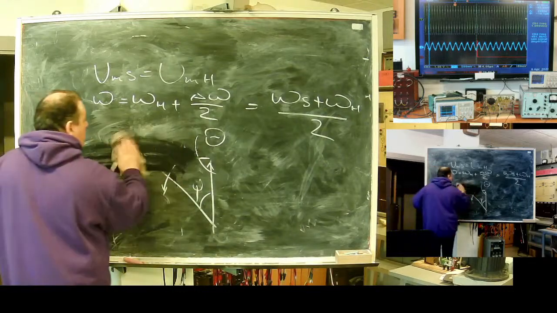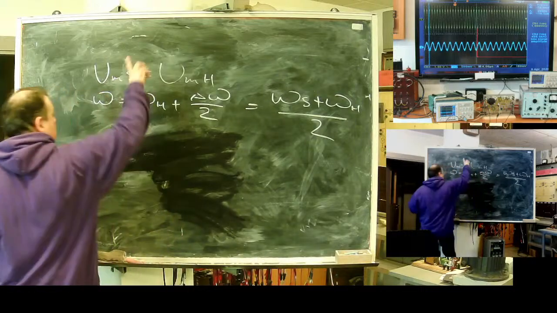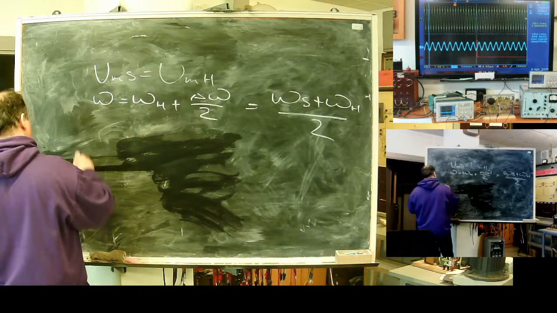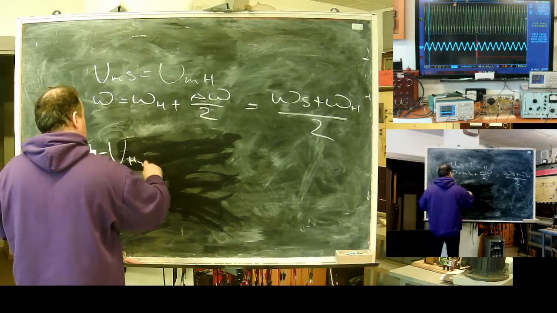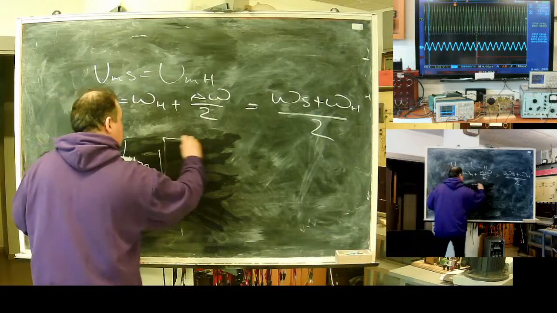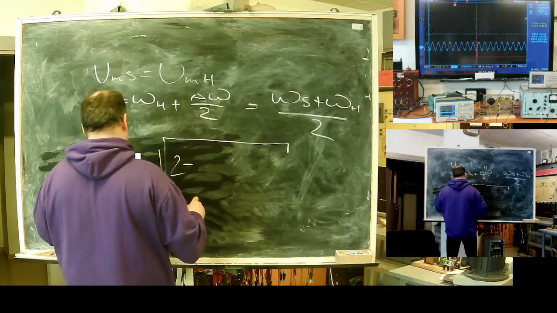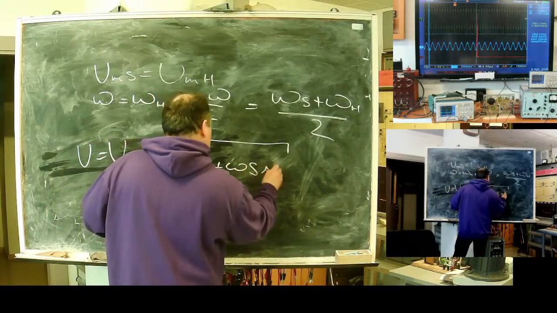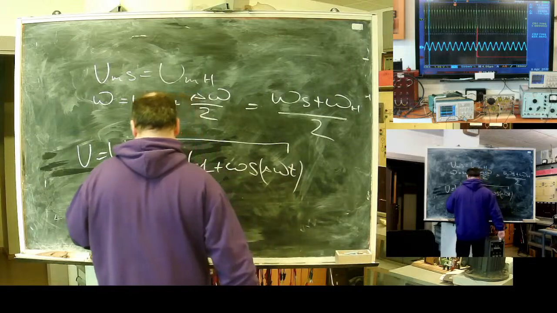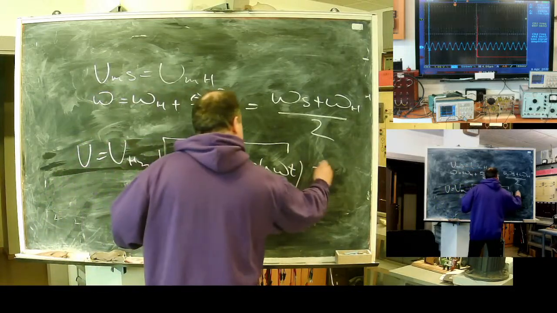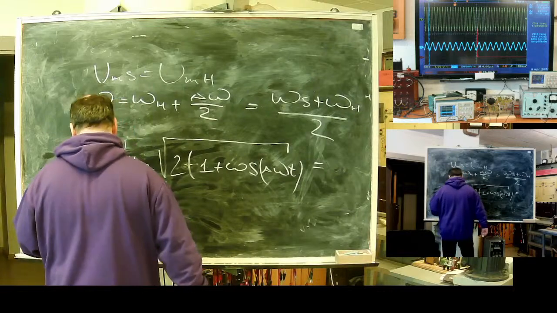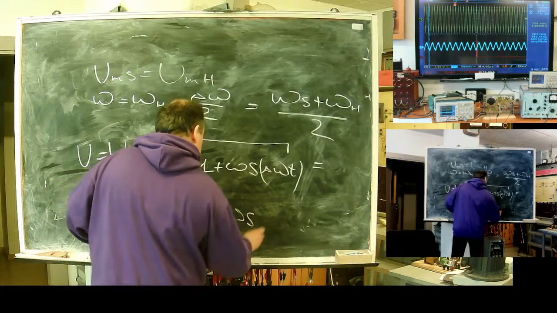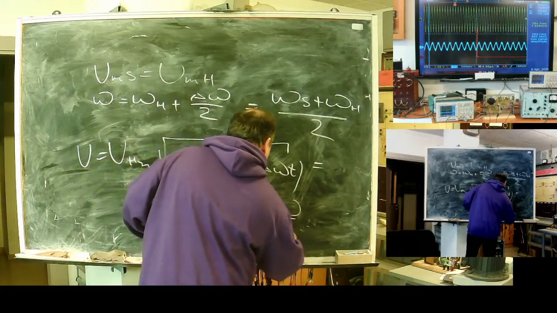And the amplitude of the sideline will be U heterodyne max square root 2 times 1 plus cosine delta omega t, or double U heterodyne max cosine delta omega by half.